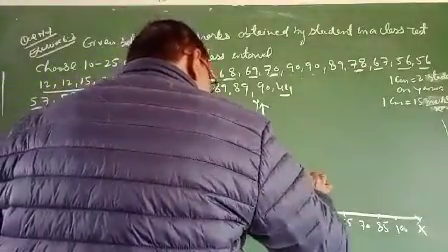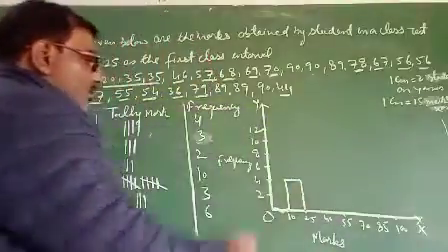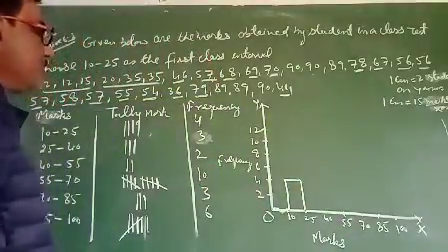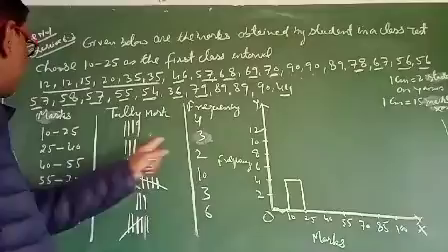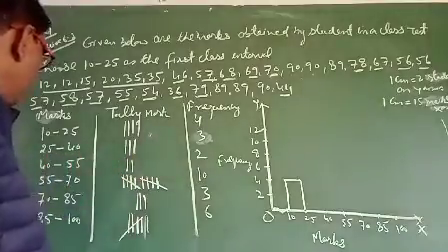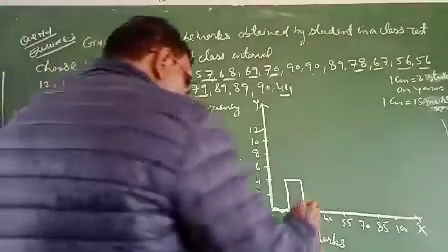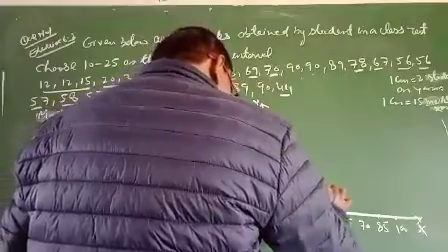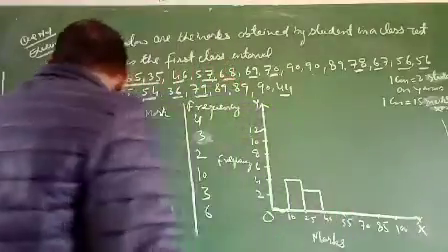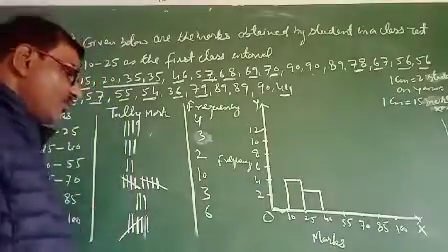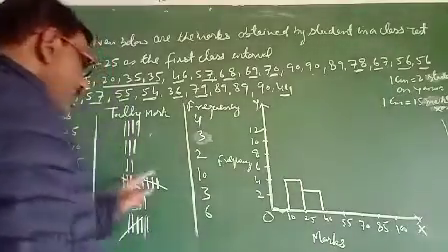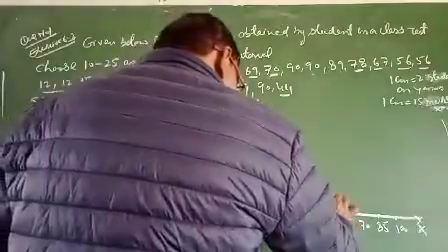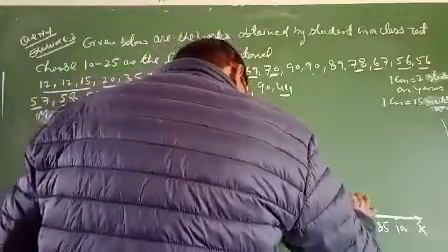Now we see that 3 students obtained marks between 25 and 40, so this will be 25 to 40. Now marks 40 to 55 were obtained by only 2 students. Therefore, it will be 2.